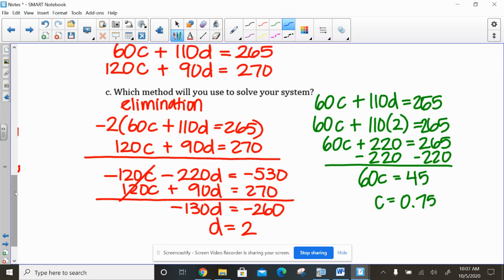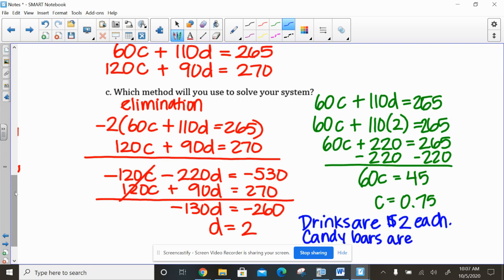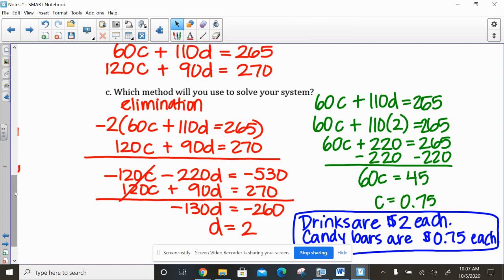When I go to write my answer, drinks are $2 each. Candy bars are 75 cents each. And that will be your final answer there.